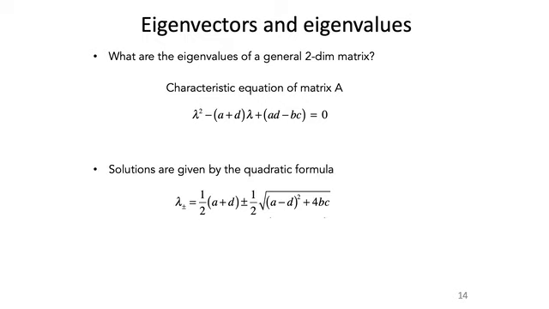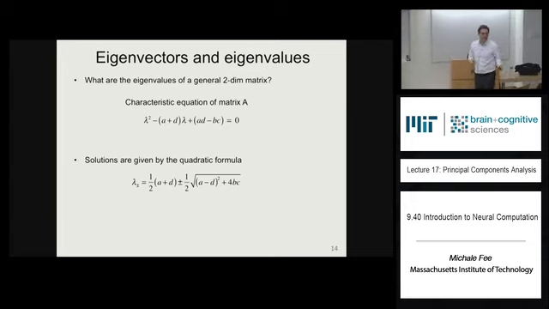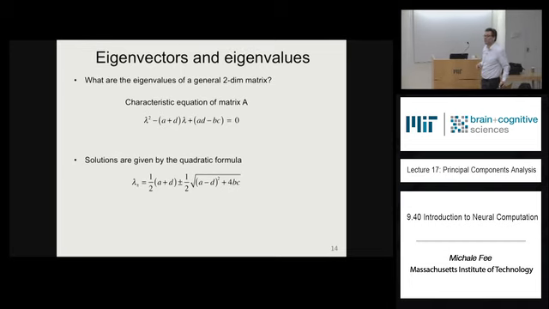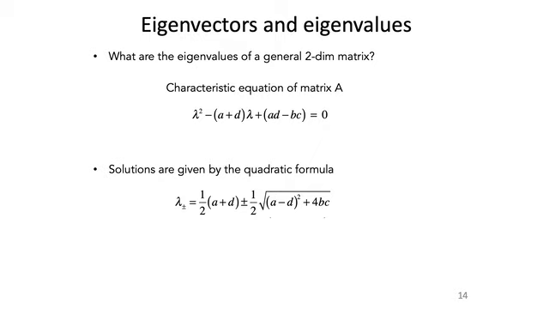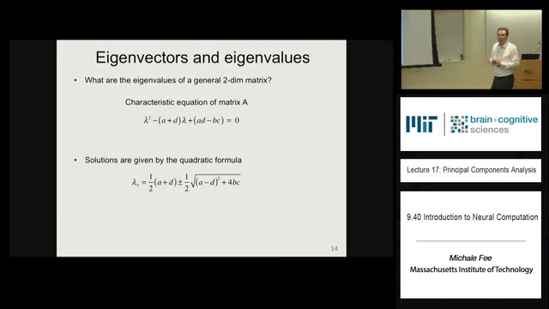We can solve for lambda just by using the quadratic formula. And those are the eigenvalues of A. Notice first of all, there are two of them, given by the two roots of this quadratic equation.